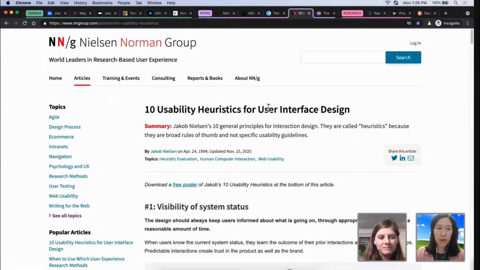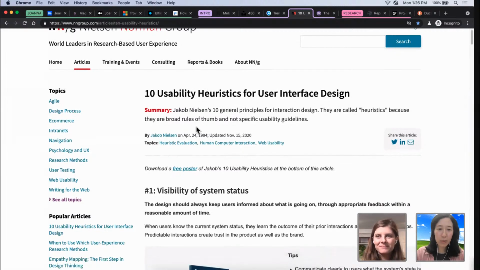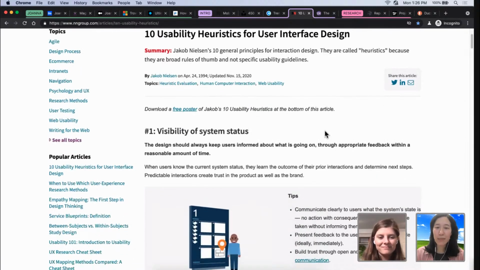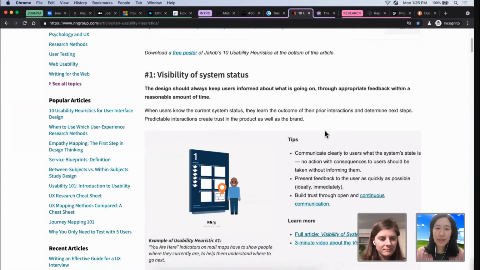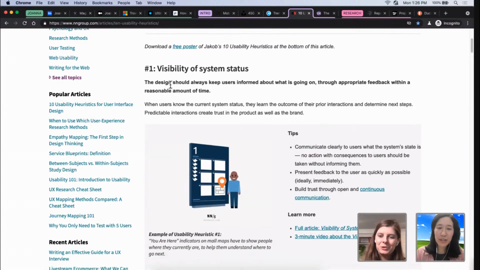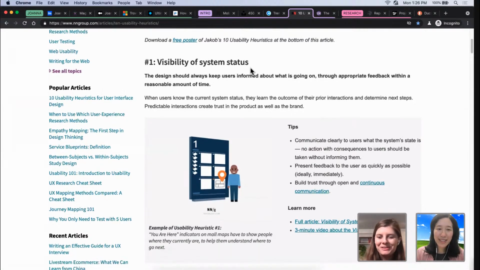This is an article from a usability group, which does a lot of user research, and they published it a long time ago. These are good rules of thumb, but not 100% applicable to every single situation or every single product. So I like to keep these in mind because they're good guidance, maybe not always accurate. Or paste them up on your wall in front of you while you're designing.